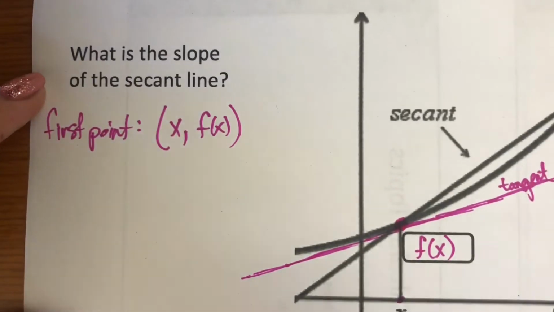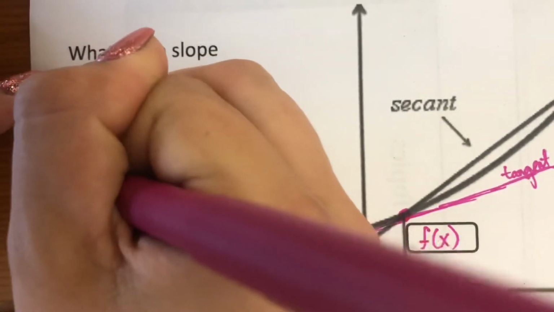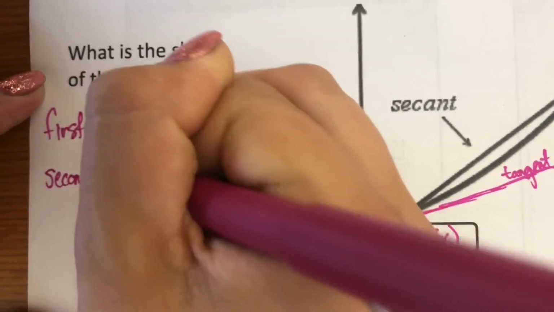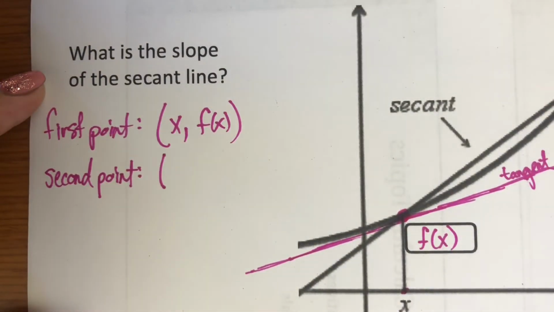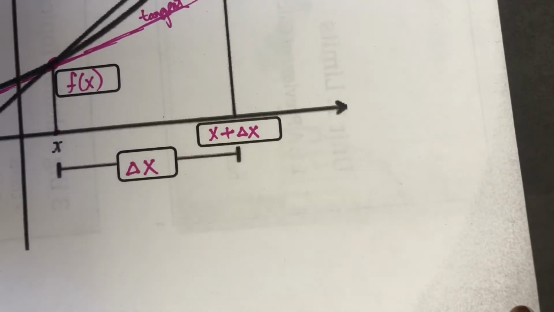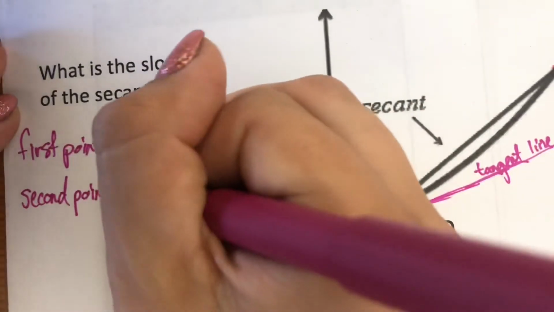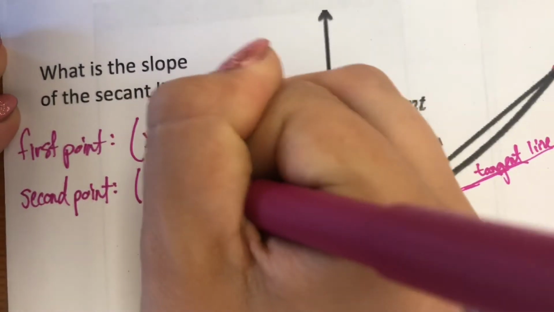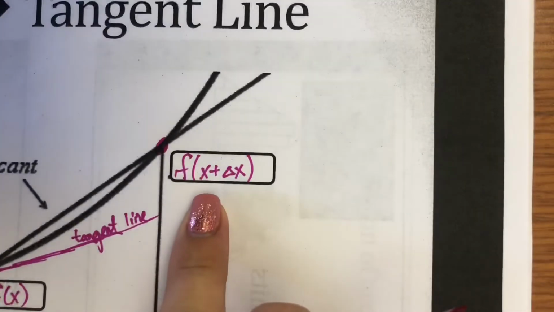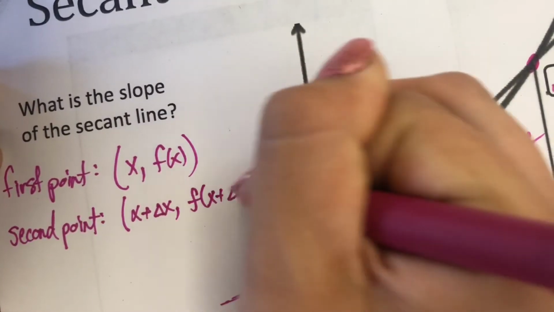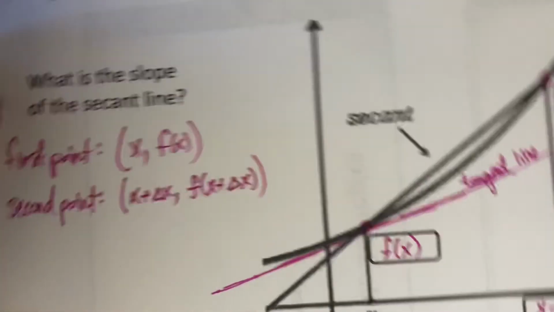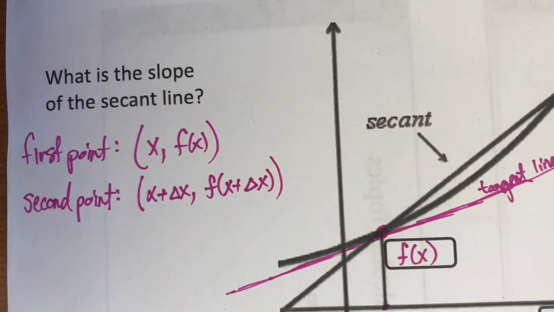So now, what would I name my second point? The x value is x plus delta x. And the y value is f of x plus delta x. If you're thinking this notation is getting cumbersome, you're right, it feels cumbersome, but we're gonna go with it. This is what we gotta do.